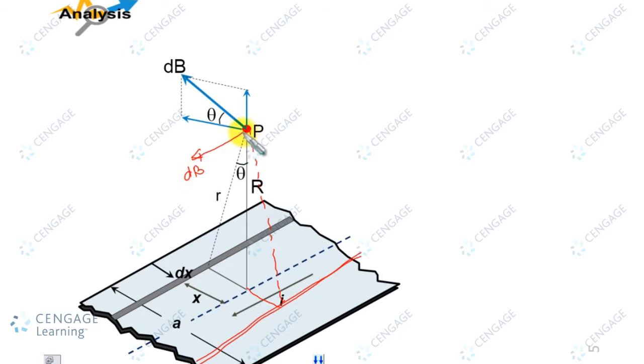And if we make the components of dB, they will be in this and this direction. That means the component of the magnetic field of this strip gets cancelled by this component. That means we will have the net magnetic field that is parallel to the surface of this strip.